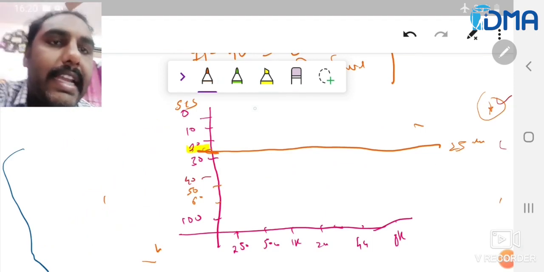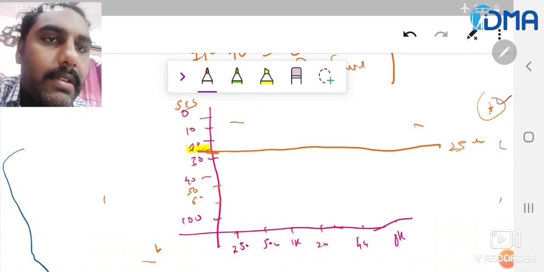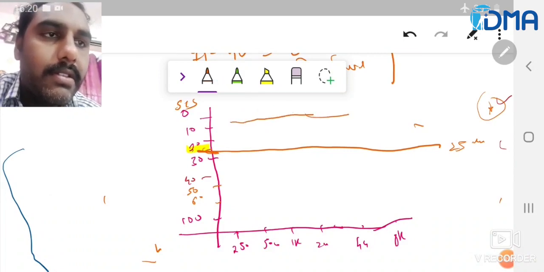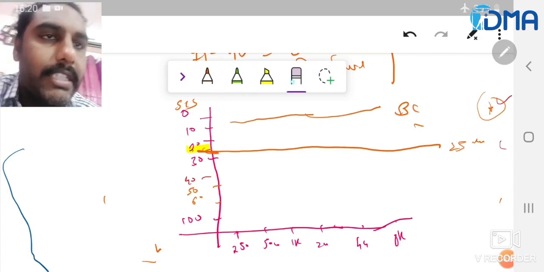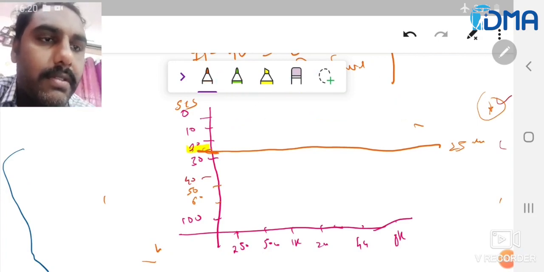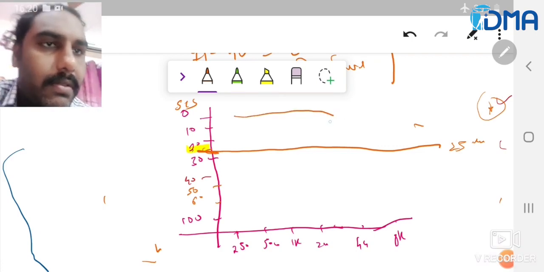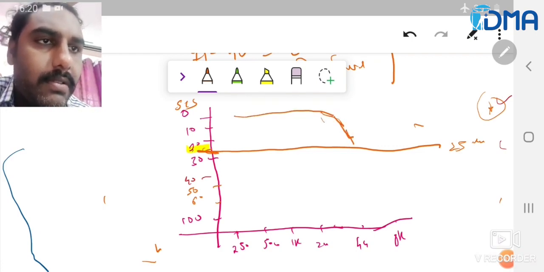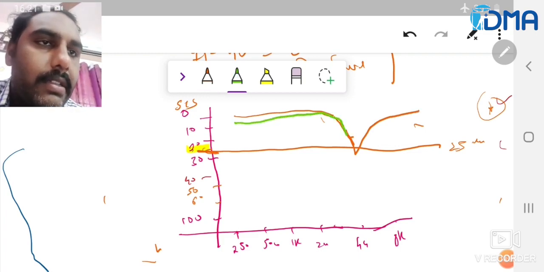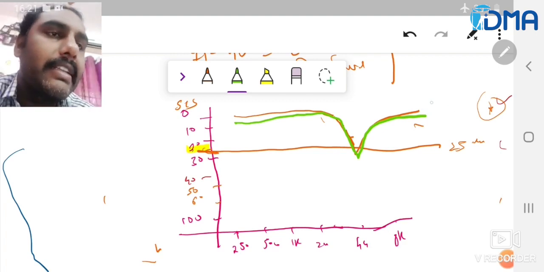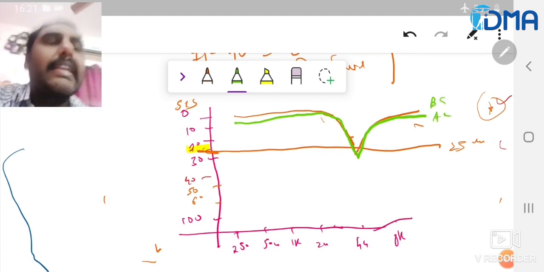So here again I am drawing a diagram. Consider this as a bone conduction, this as an air conduction, bone conduction, air conduction.